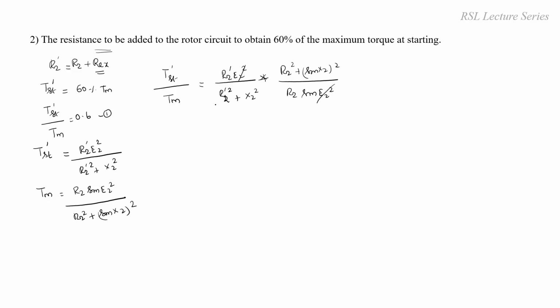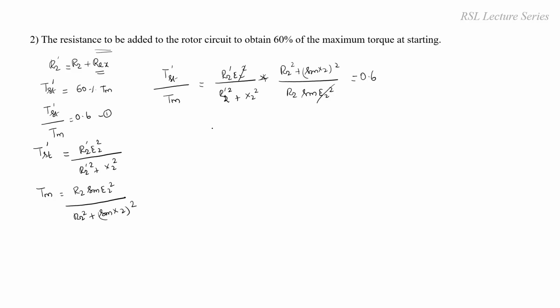Okay. In the denominator we have R2 into SM multiplied by R2 dash square plus X2 square. So this is equal to 0.6.